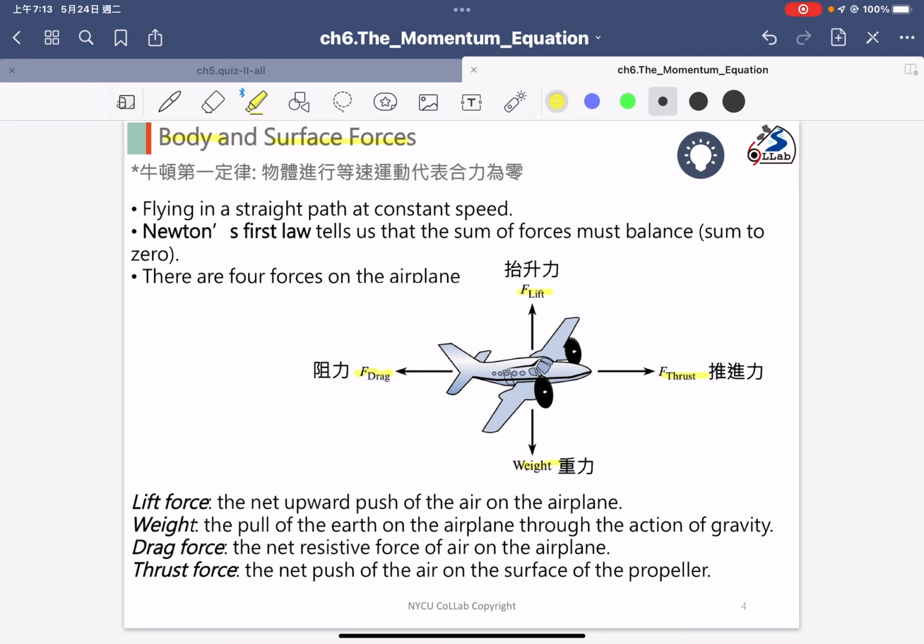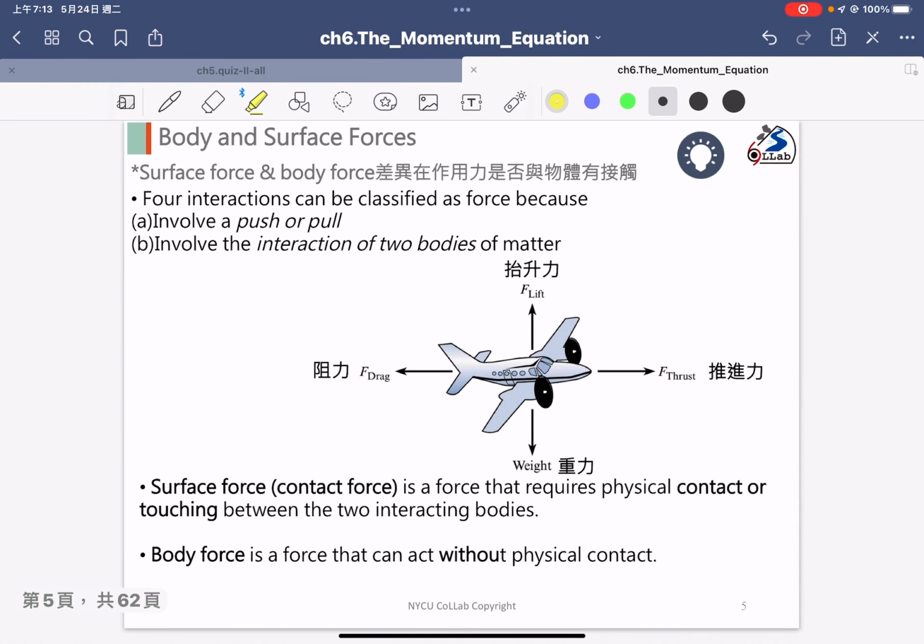And how can we distinguish between body force and surface force? There are certain definitions provided for us. As we can see, surface force is force that requires physical contact or touching between the two interacting bodies.